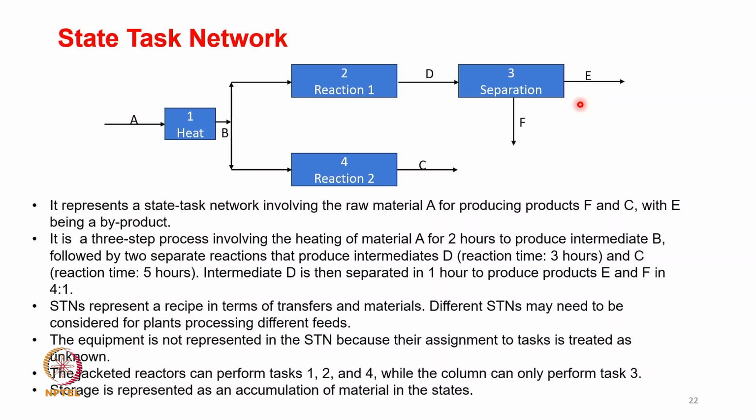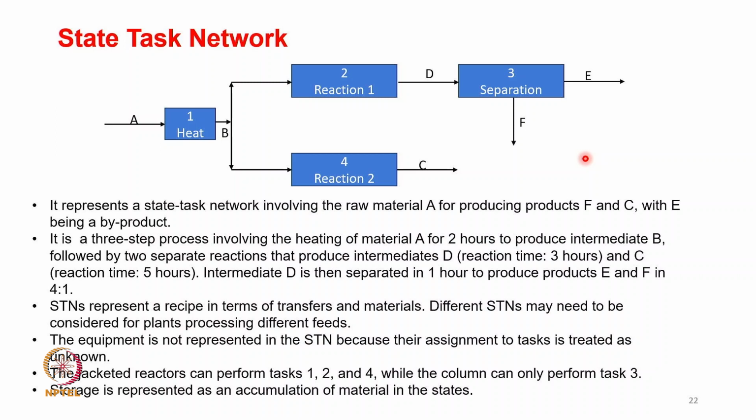So in a state task network, you can see there is a state and a task, but there is no other information. So the equipment will not be represented in the state task network because its assignment to a task is treated as unknown. At the moment you really know what equipment you use, and your optimizer is interested to give you that solution.